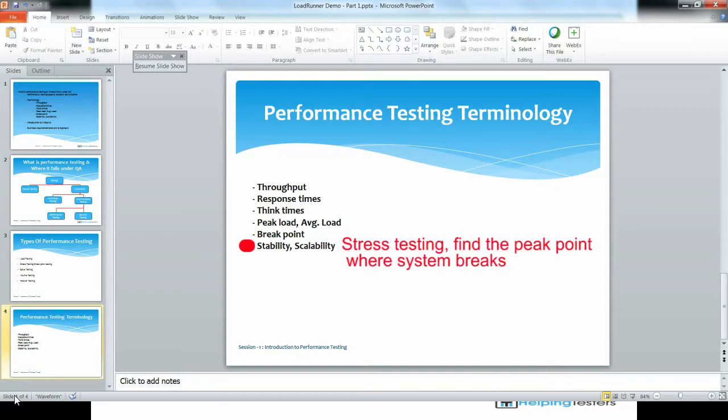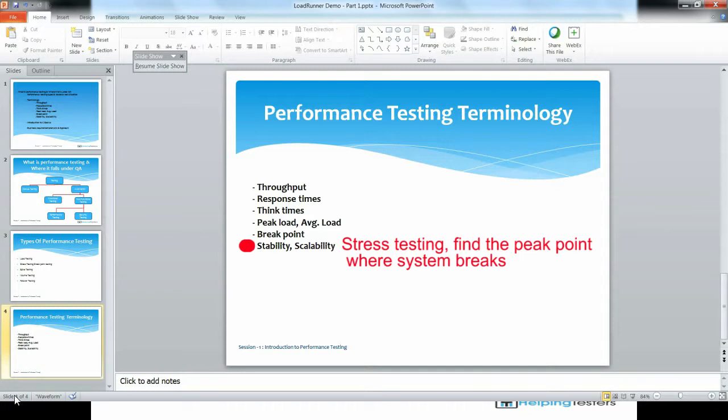We just saw stress testing, where we found the peak capacity of the application. In scalability testing we have two kinds: vertical scalability and horizontal scalability.